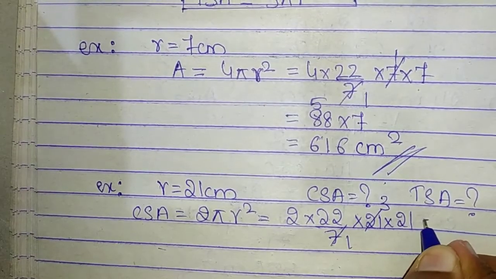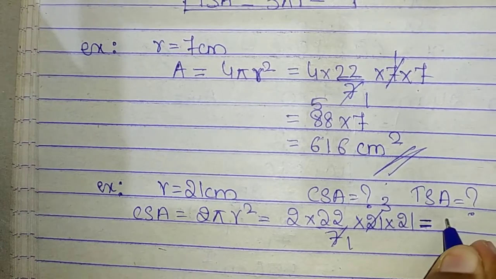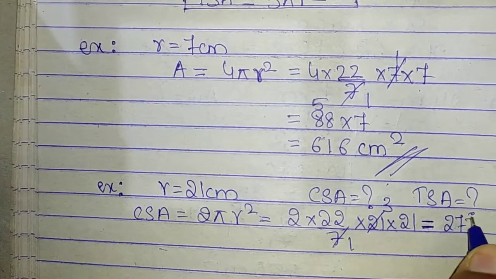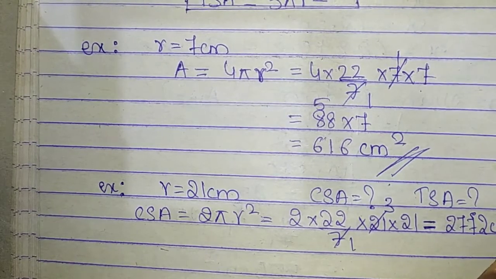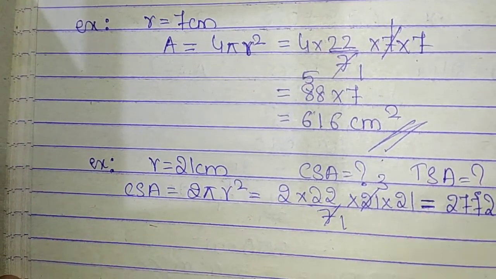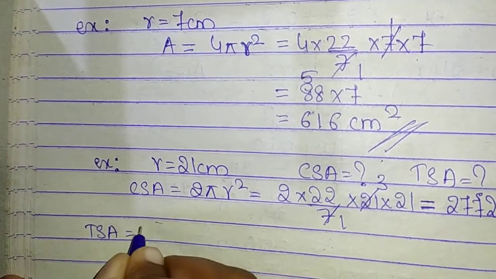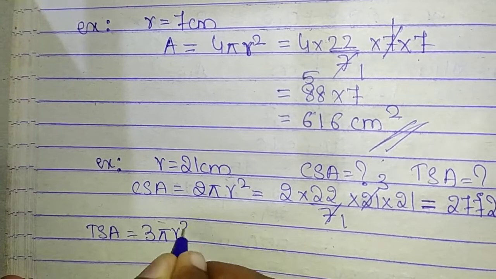On multiplying everything, we get the CSA of the hemisphere to be equal to 2772 centimeters square. And so now the total surface area will be equal to 3 pi r square.